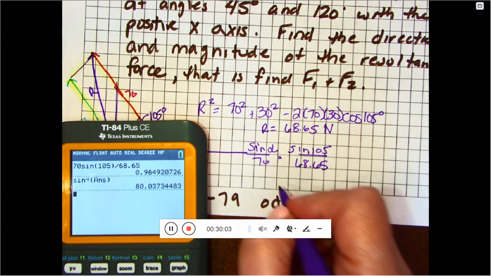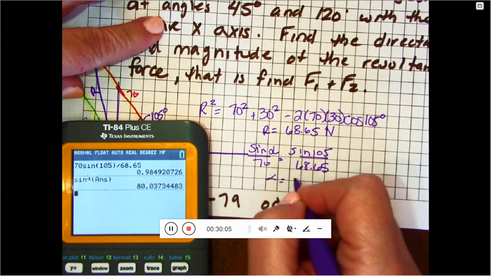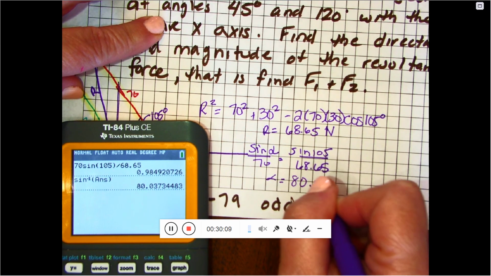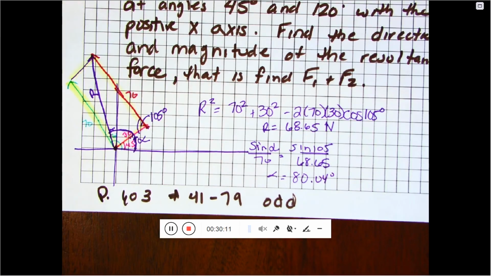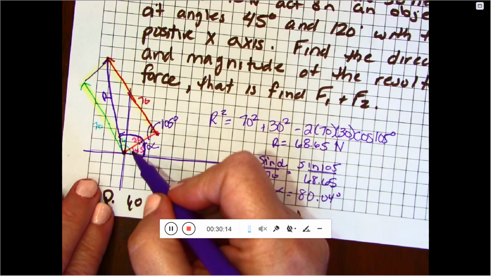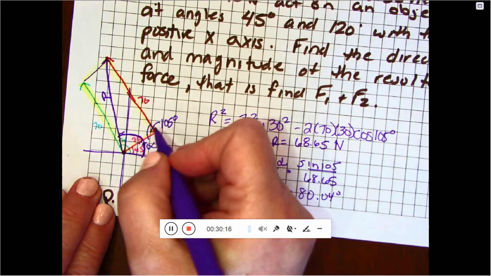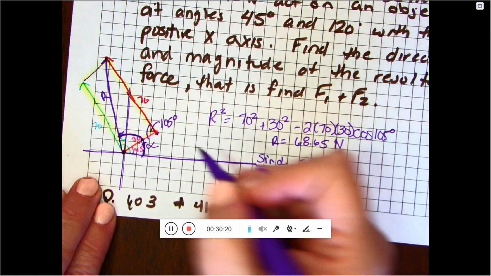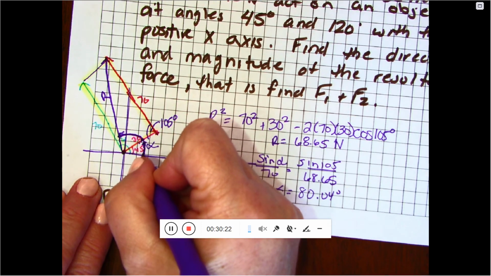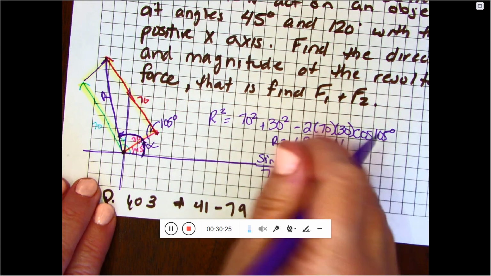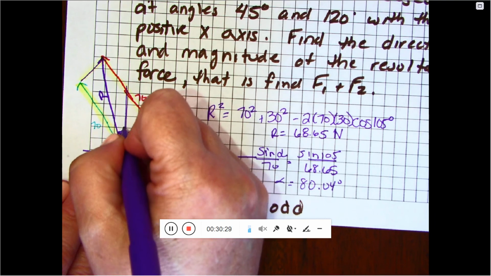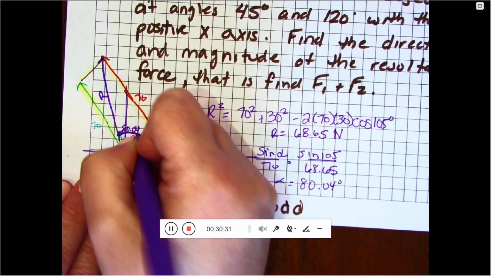So alpha is 80.04 degrees. Okay, so that's what this angle right here of the parallelogram is. And again, it's from here to here. But when we look at the direction of the vector, it's the direction it makes from the positive x-axis. So this is 80.04 degrees.